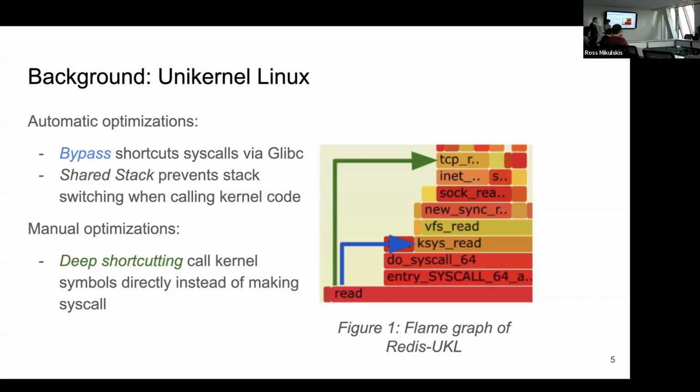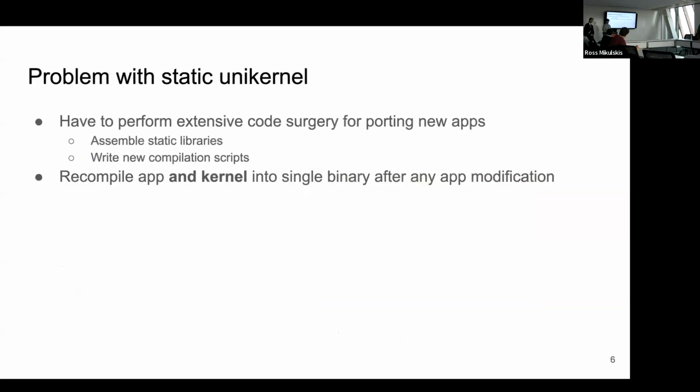For example, in this read flame chart, what we're reading is a TCP socket, and typically when you would make a system call, the kernel would look at the syscall number that you passed it, okay, we're doing read, then it would say, okay, we're reading something from the virtual file system, then it would do some bookkeeping, then it would go, okay, it's this kind of socket, it's that kind of socket, and then finally you get your read. With the unikernel, you can avoid all that. You can just call TCP read yourself and get some nice performance improvements.